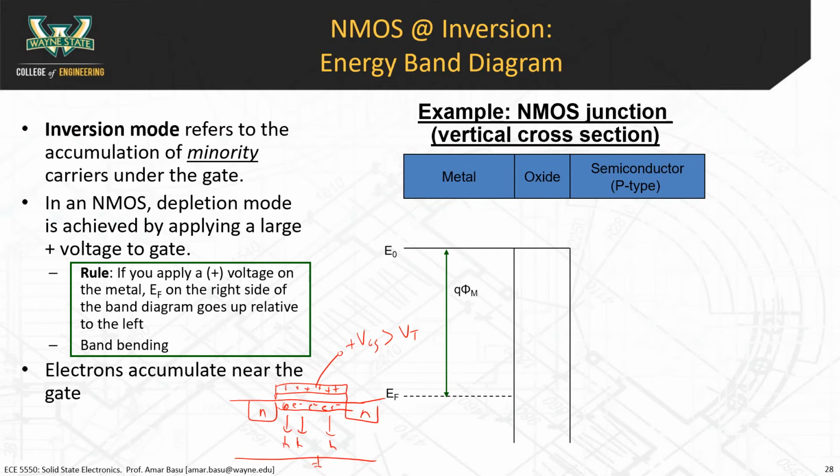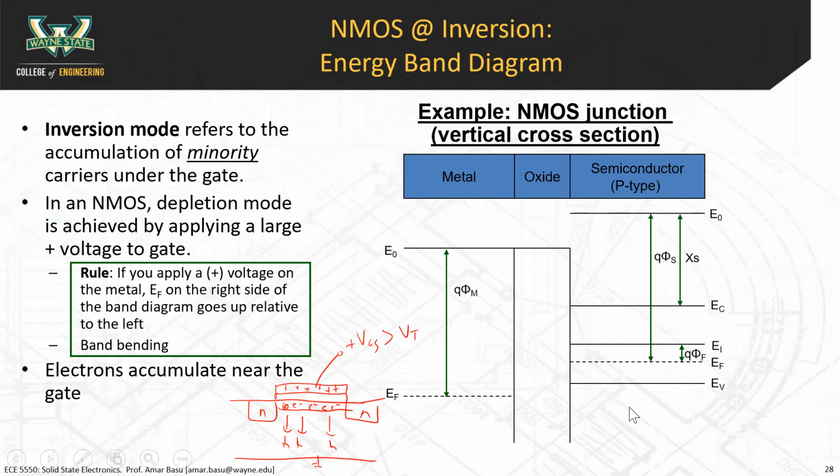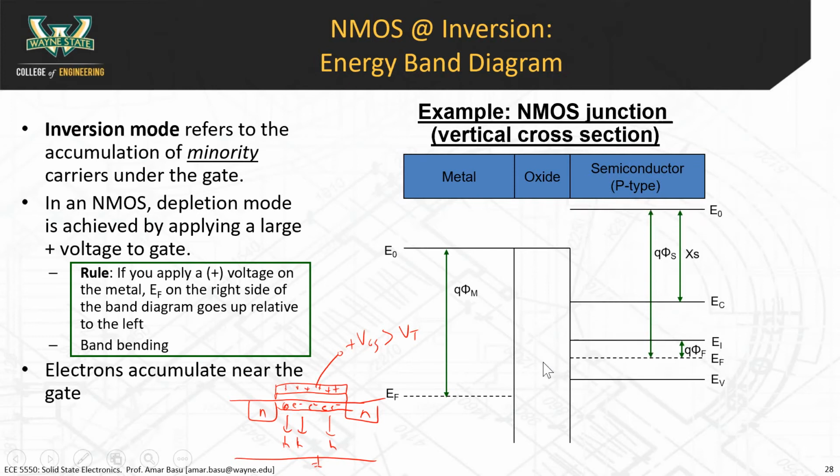So what's happening in the band diagram? We apply a positive voltage on the metal. So in relation to the left side of the band diagram, the right side of the band diagram is going to be higher. Now the Fermi level is much higher on the right side than it is on the left side.